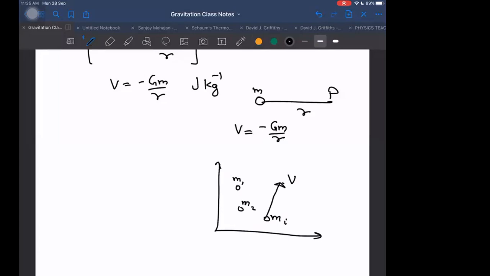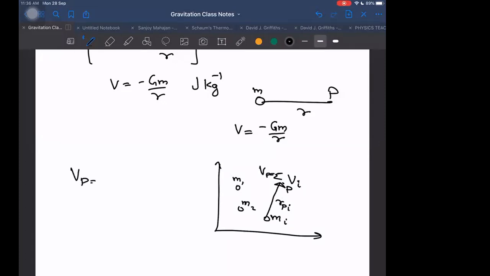So it will be sigma Vi due to all the particles at this point. Let us say the position vector of P with respect to the i-th particle is RPi. That will finally give me the net potential at P.